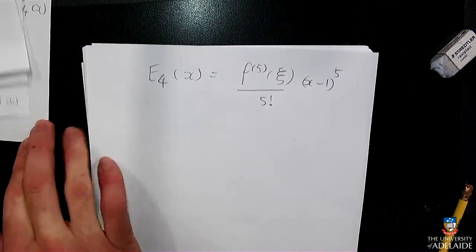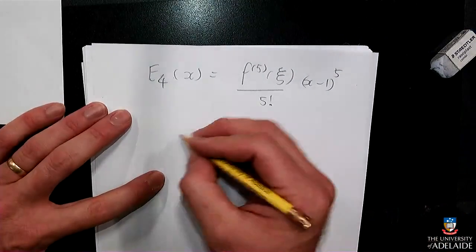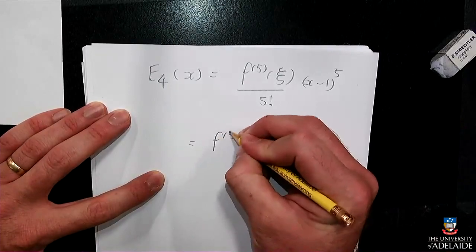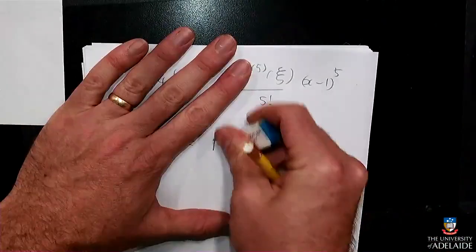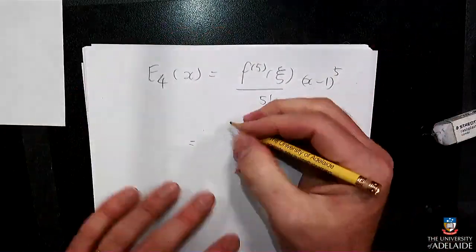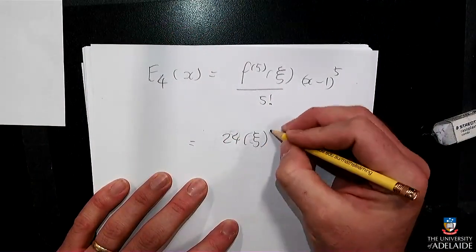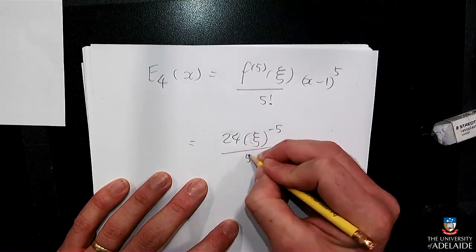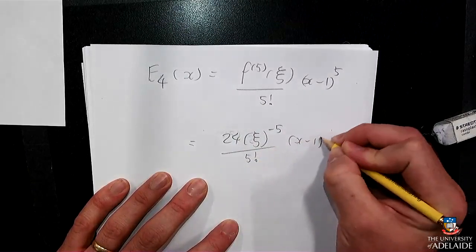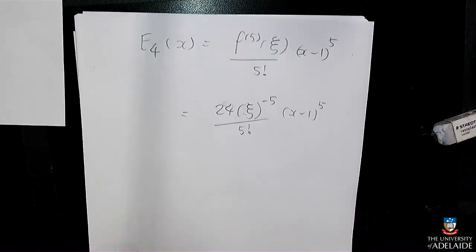Now, we do have that. We can sub the psi into this. This will be 24 psi to the minus 5. Like that. Okay.